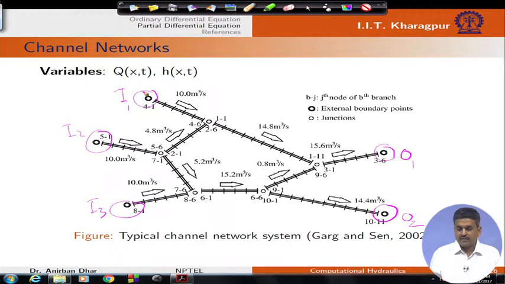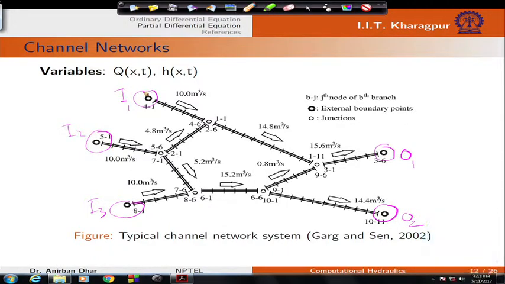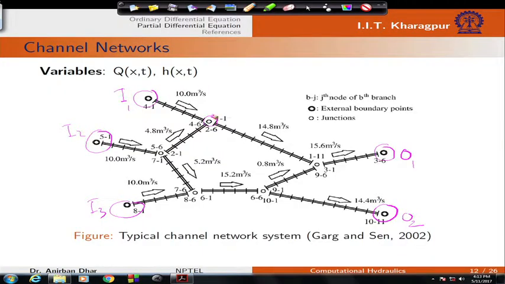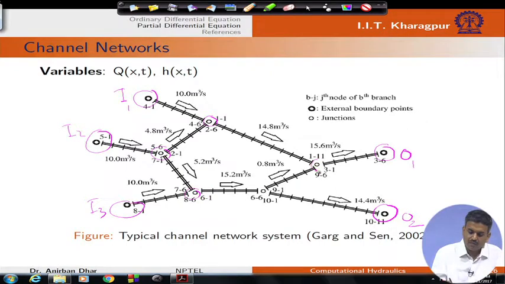In this case, boundary conditions are specified. However, for internal points 1, 2, 3, 4 and 5, we generally define the junction conditions, or these are actually your internal boundary conditions.